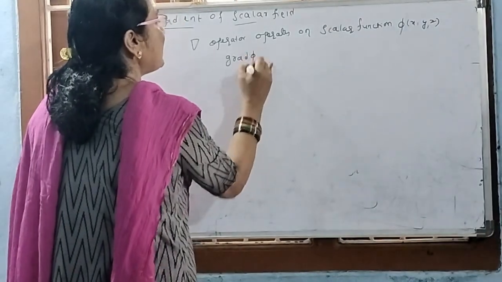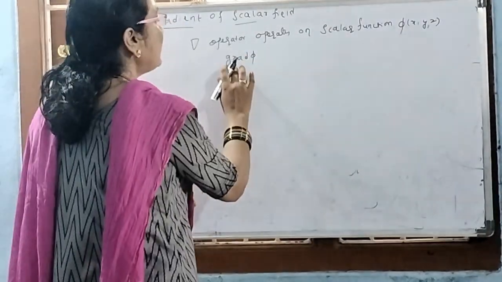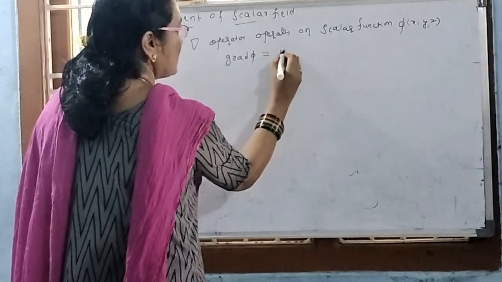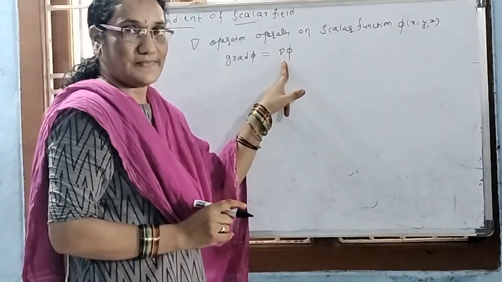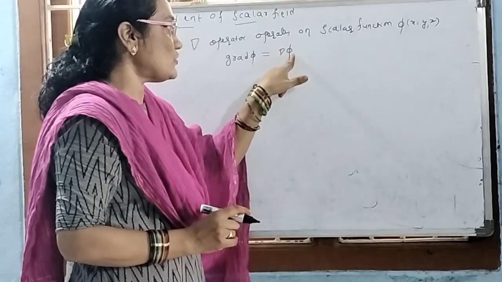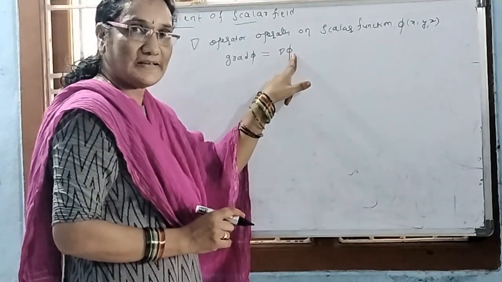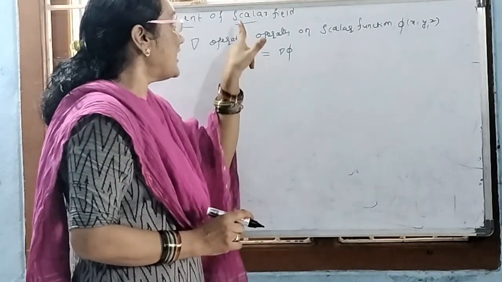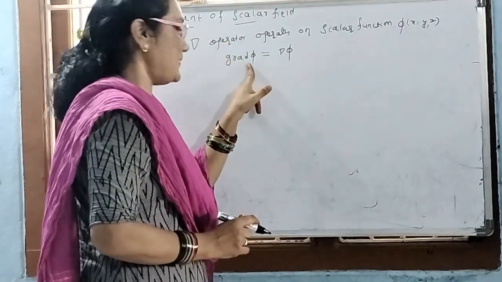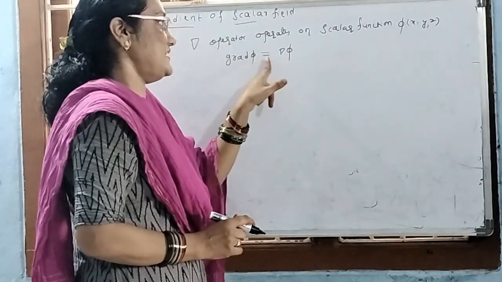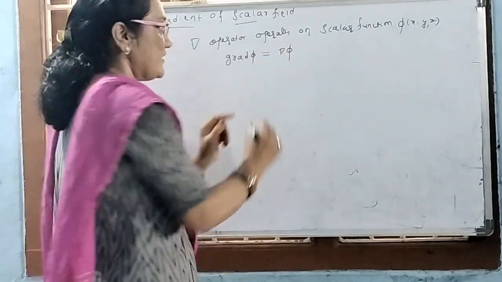We are denoting it with phi. We call it grad phi is equal to del phi. In such a way we will write. When del is operated on scalar function phi, we call it the gradient of a scalar field, and we write it as grad phi. That is, grad phi is equal to del phi.